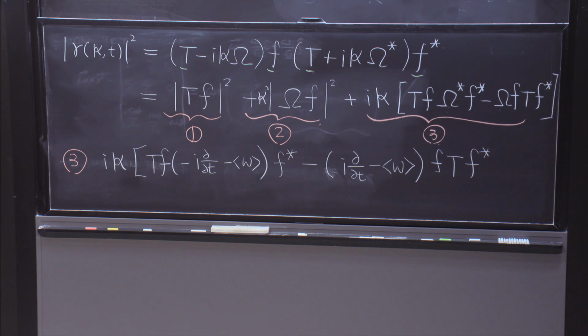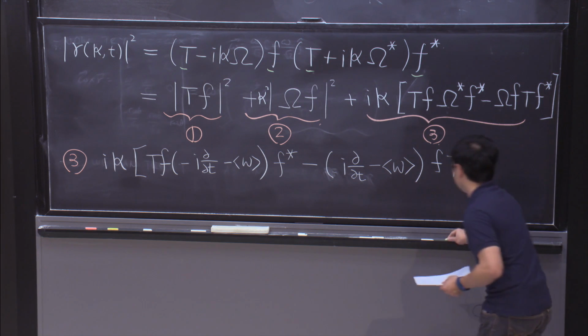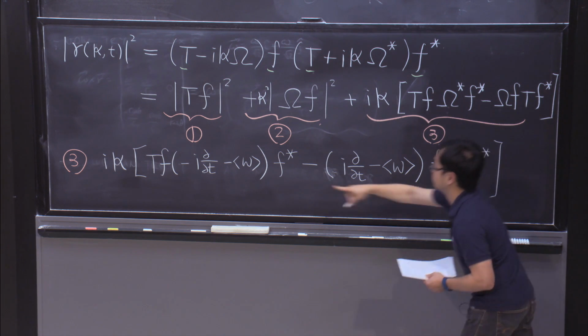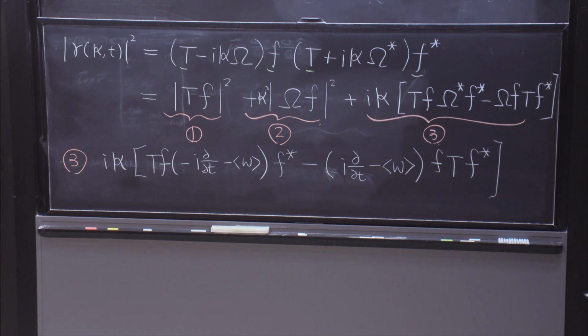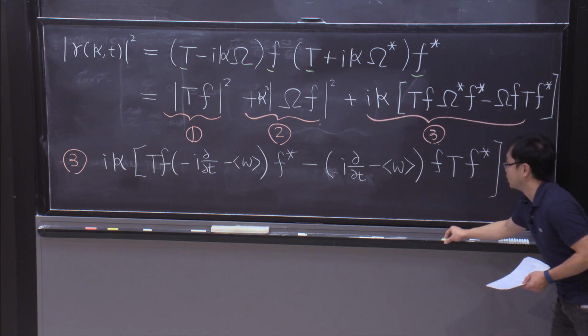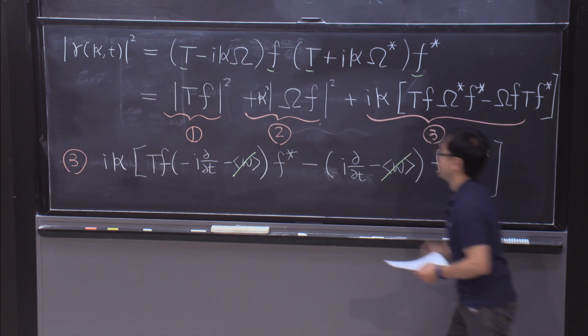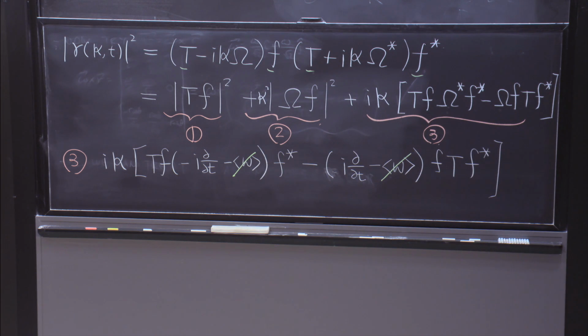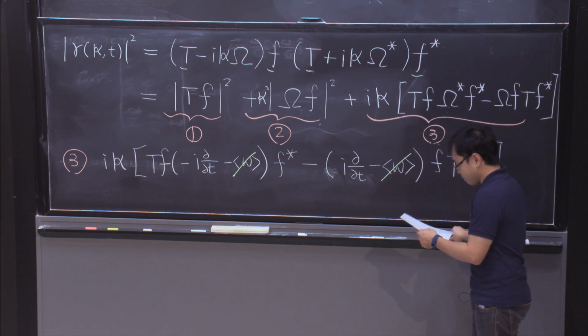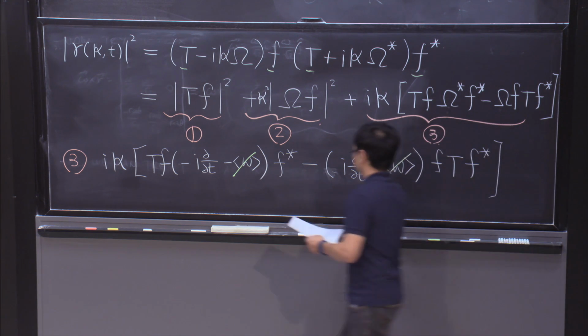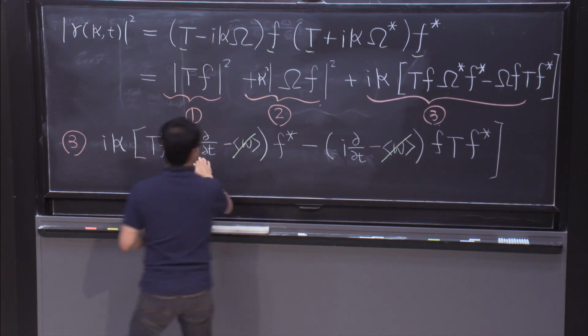And you can immediately realize that the whole thing is actually multiplied by I times kappa, right? So you can immediately recognize that this term actually cancels, because they are really the same. And then what is left over is the two terms in the middle.